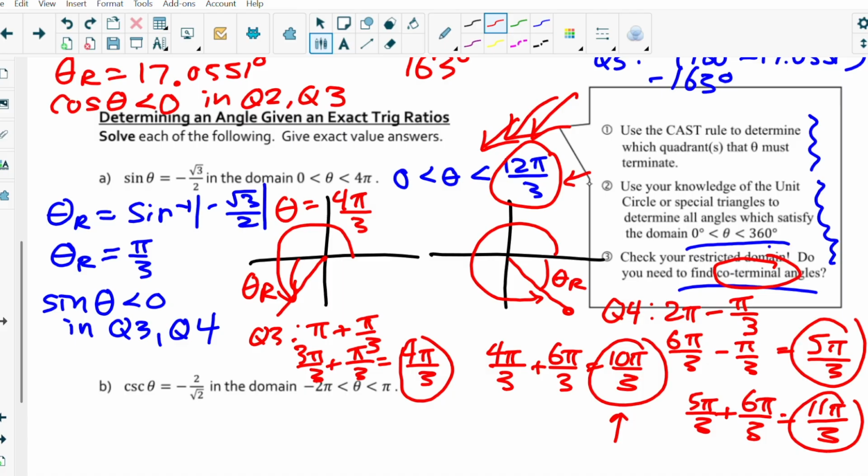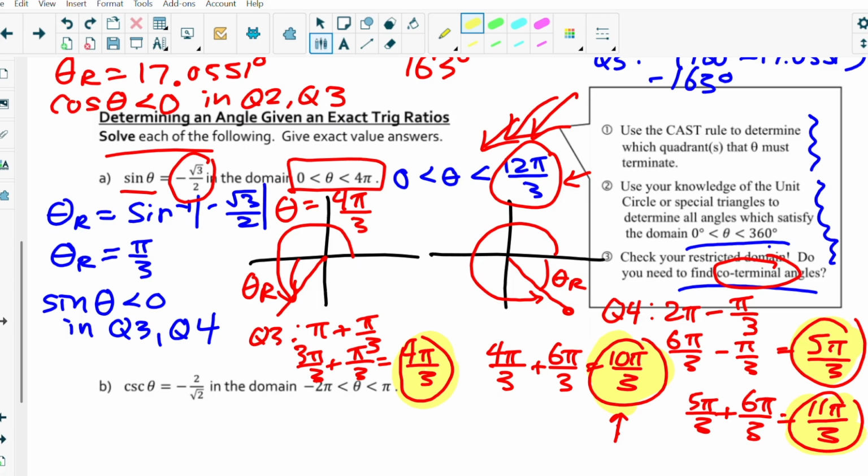If I add 2 pi more here, that's going to be past my domain here. So I'm going to stop. So this is one of those problems that has 4 solutions: 4 pi over 3, 5 pi over 3, 10 pi over 3, 11 pi over 3. So when you're encountering problems like this, and it asks you to solve for sine of theta equals whatever ratio they give you, you have to pay attention to the domain.